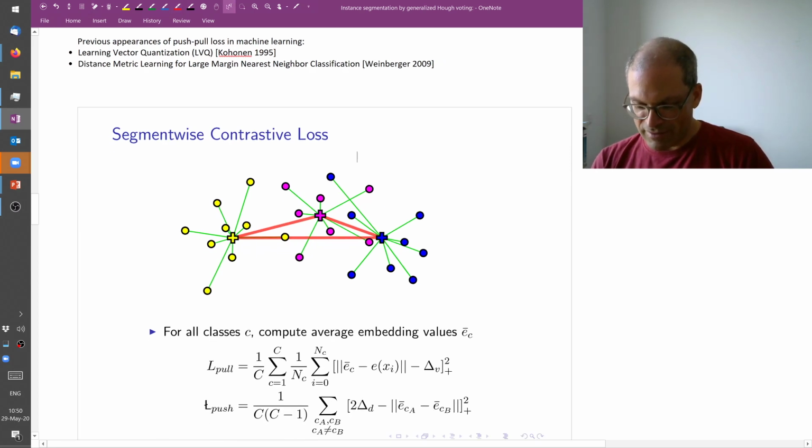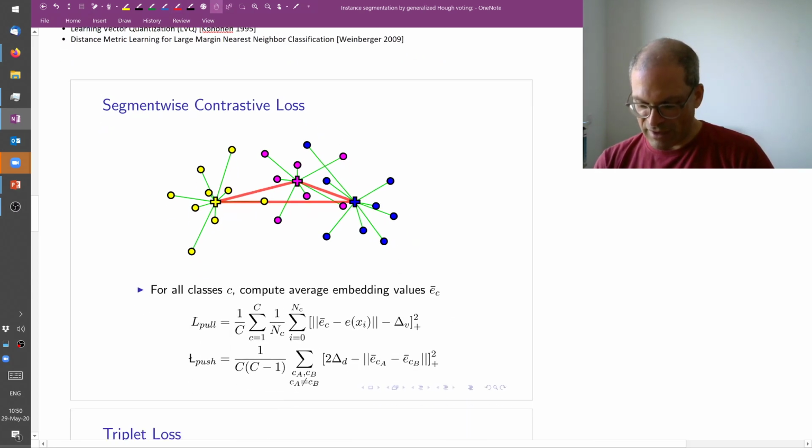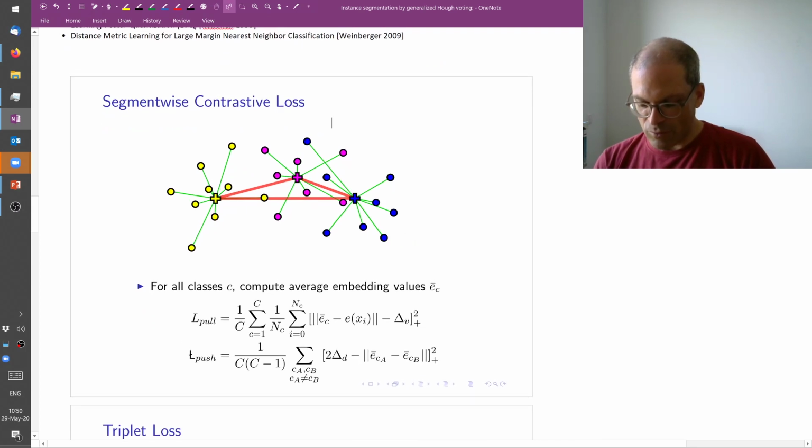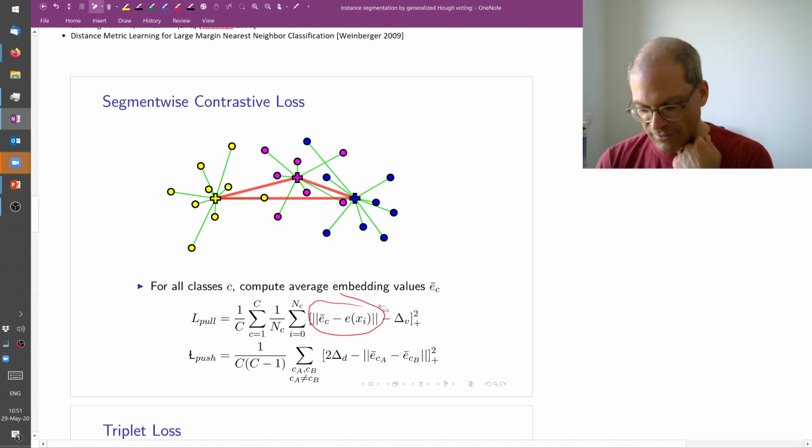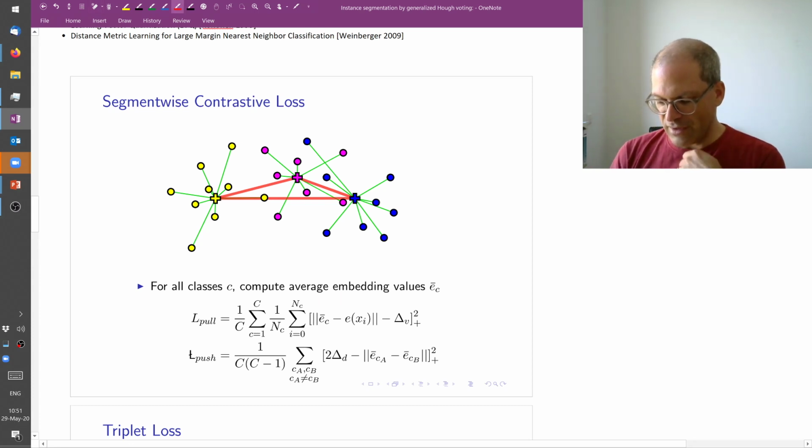And this is why you can instead use a segment-wise contrastive loss. So the pull term says that each instance is pulled towards the center of mass of the votes associated with that instance. But the push loss acts on the centers of mass.